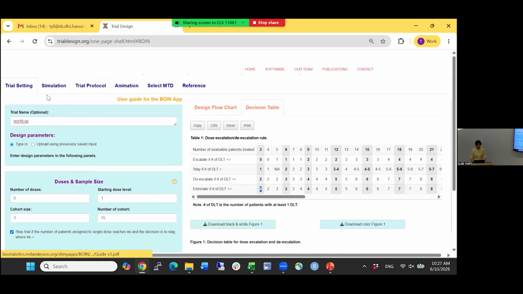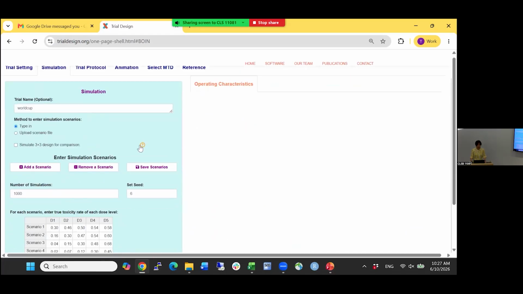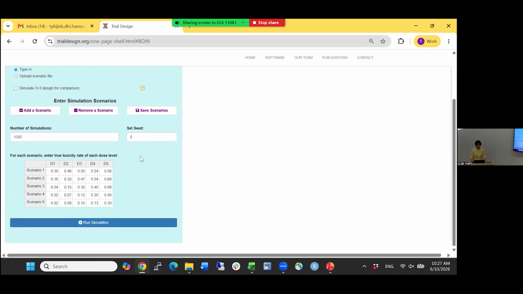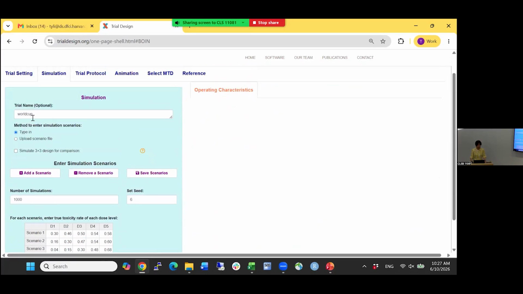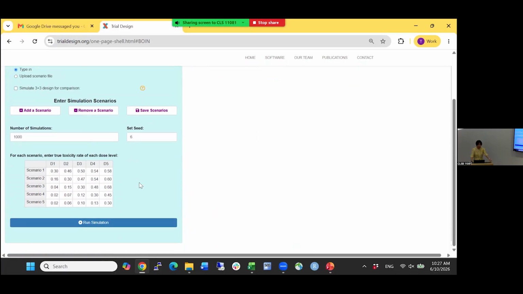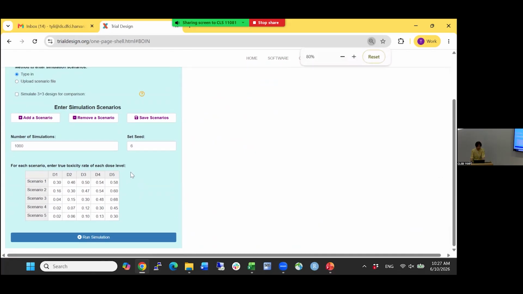website. It gives us a simulation. If you run the simulation to answer these questions, we still give the name, since we already gave the name, so we don't have to enter all the parameters again. The BOIN design usually already gives us the default of different scenarios. If we look carefully, we can see for each scenario, it puts our true DLT rate, which is 30%, under one of those levels.